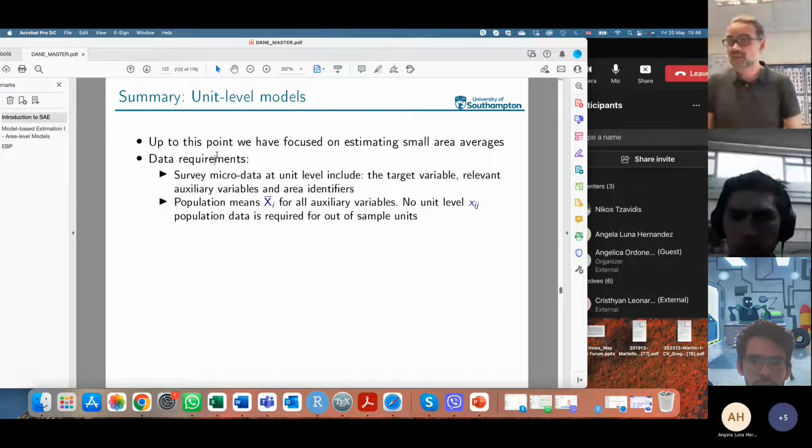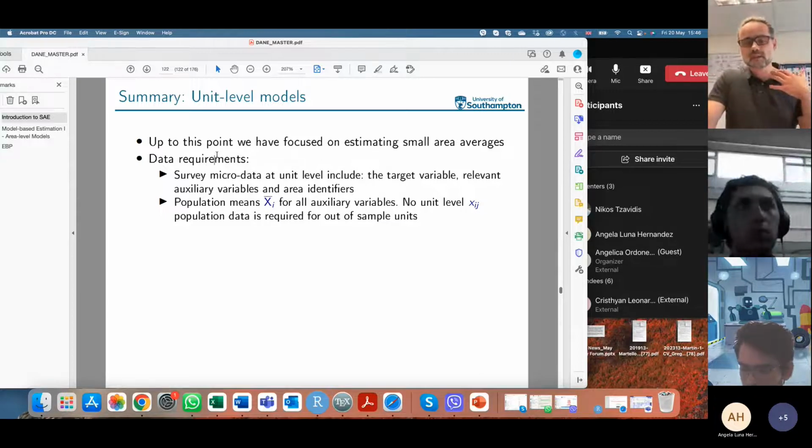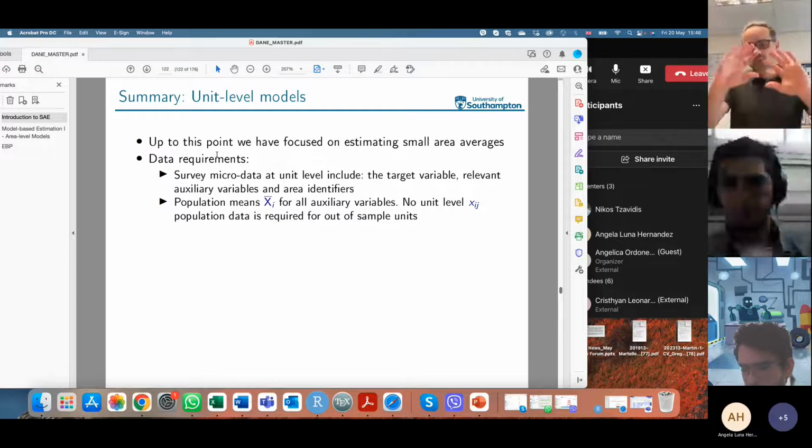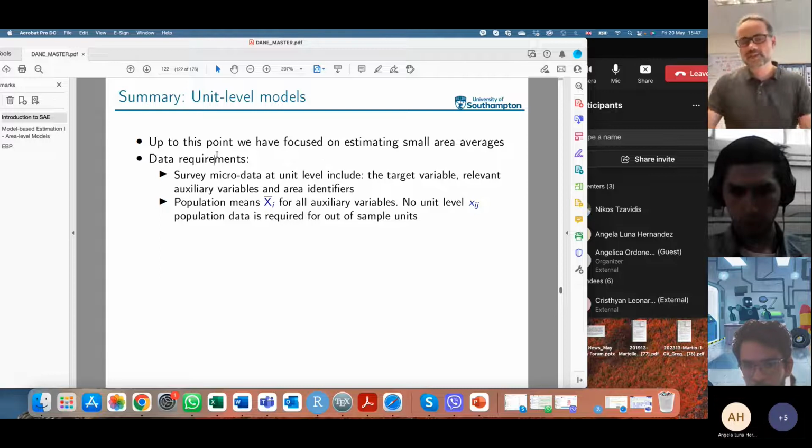You train a model using survey data, take the parameters of the model, and apply them to these population values denoted by X capital. Obviously, if the X capital and the X are measuring completely different things, that might be a problem.